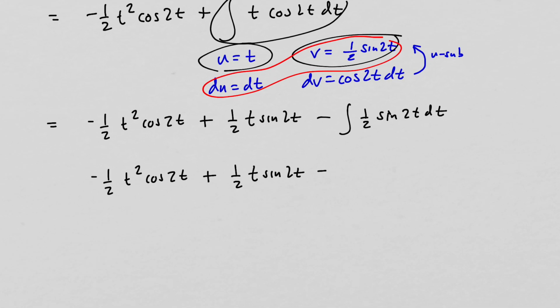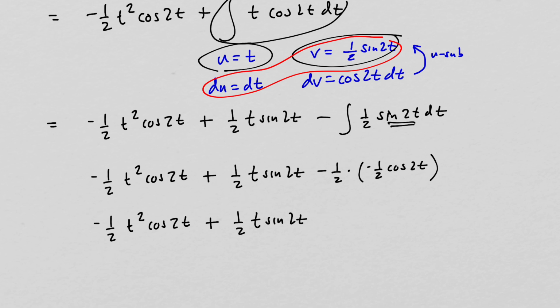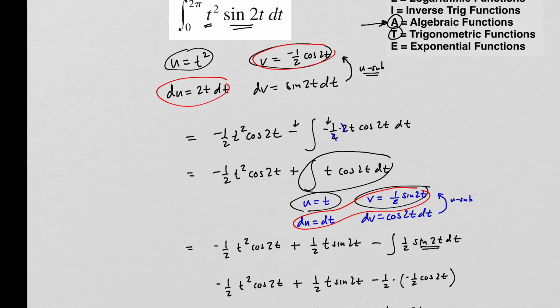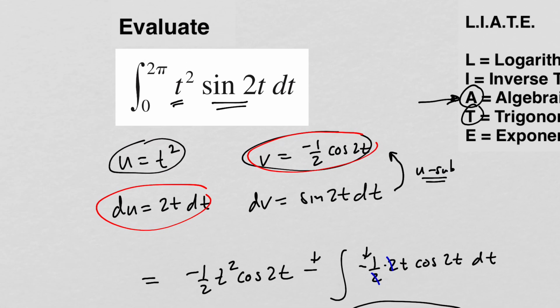So this integral here is minus 1/2 times, and what is the antiderivative of sine of 2t? It is negative 1/2 cosine of 2t. So this all becomes negative 1/2 t squared cosine 2t plus 1/2 t sine 2t plus 1/4 cosine of 2t.